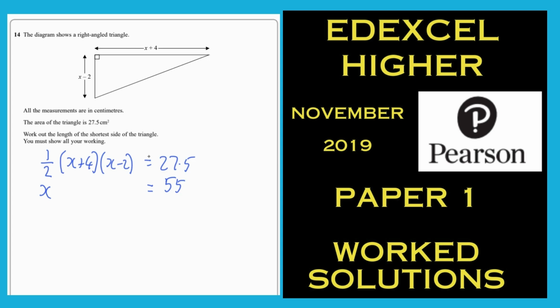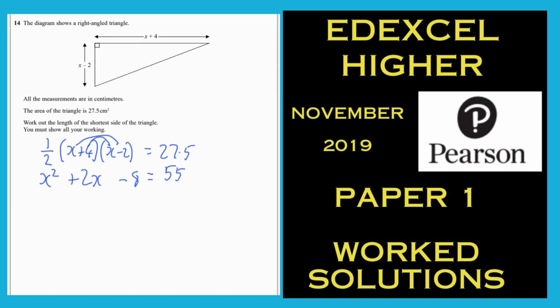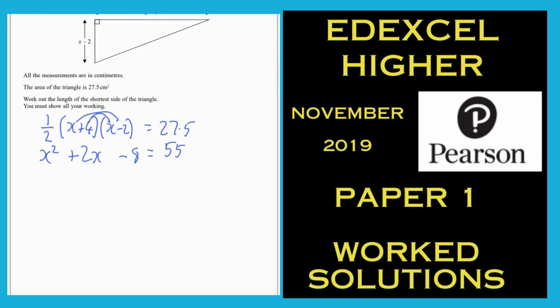I'm just doing this one the quick way. The x loop will be x squared, the numbers loop will be -8, and we'll get 4x there minus 2x. 2x in the middle. If you're going to solve it, it being a quadratic, you want it equal to 0.